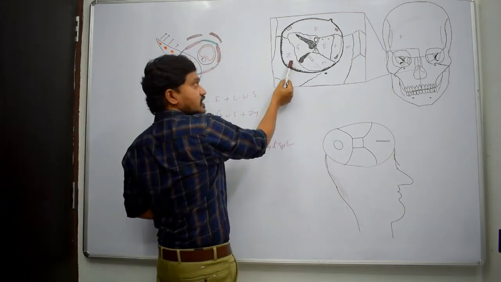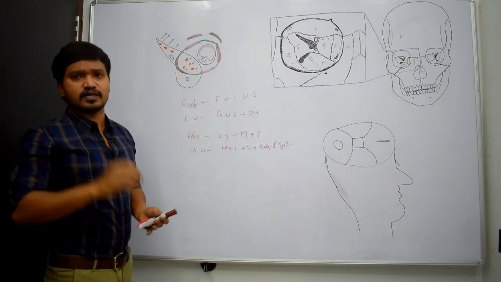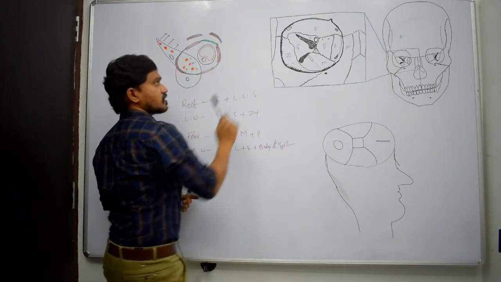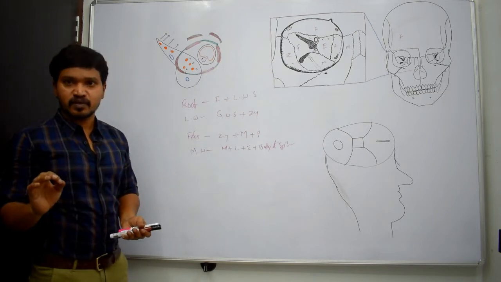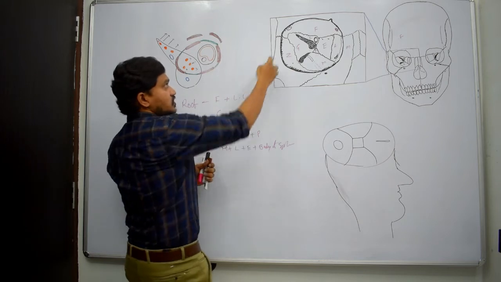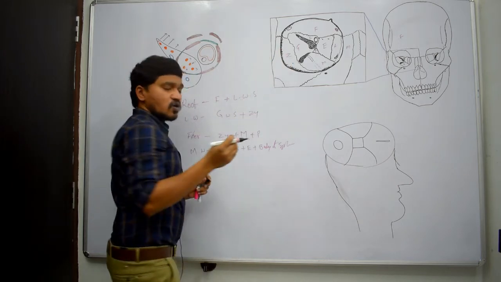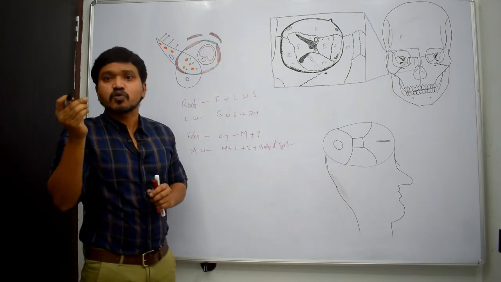That's it. And here you can see one foramen. This is the foramen for the zygomatic nerve. And one more feature is there. In the orbital margin of the lateral wall, you can see one bony nodule or bony tubercle.